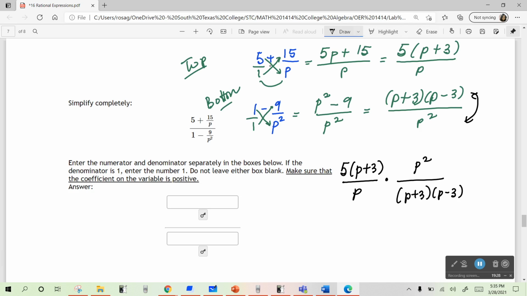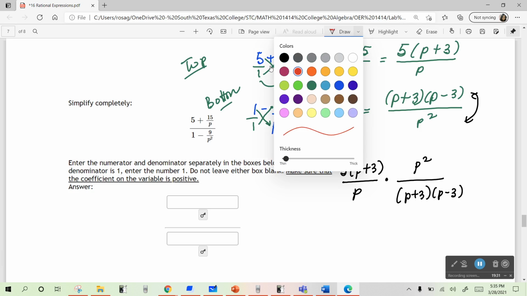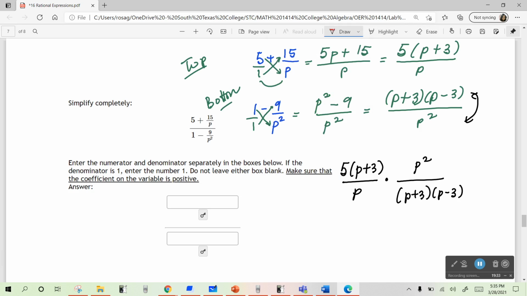Like that. And once I have done the setup of both, then I see what I can cancel. So we can cancel a p plus 3, and we can cancel one of the p's. So my final answer is 5p on top, and on the bottom I have p minus 3. Basically whatever's left.